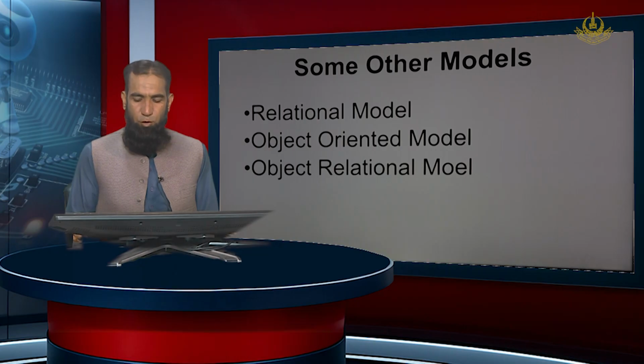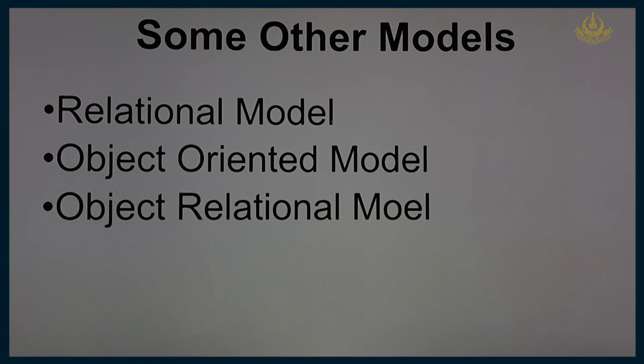Some other most important models are the relational model. In the relational model, we store data in the form of tables. These are like tables in Excel. Relations are basically the relation between rows and columns. The most widely used database is the relational model. The next one is the object oriented model.